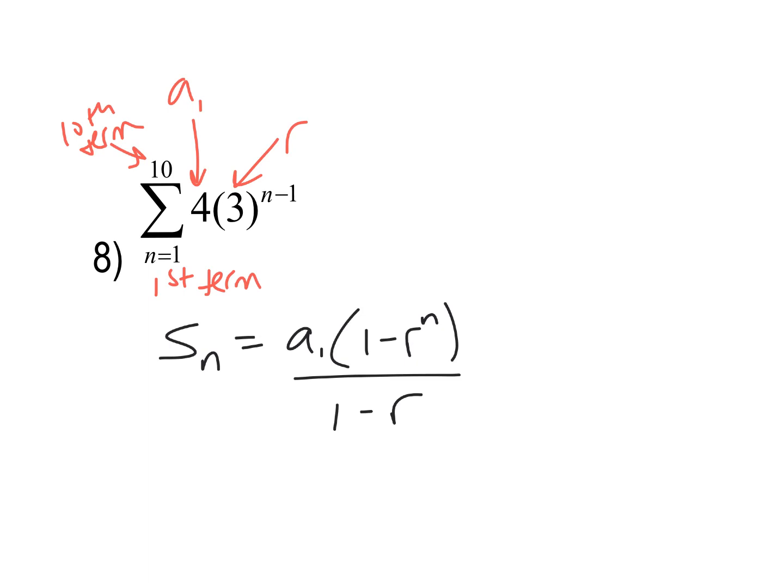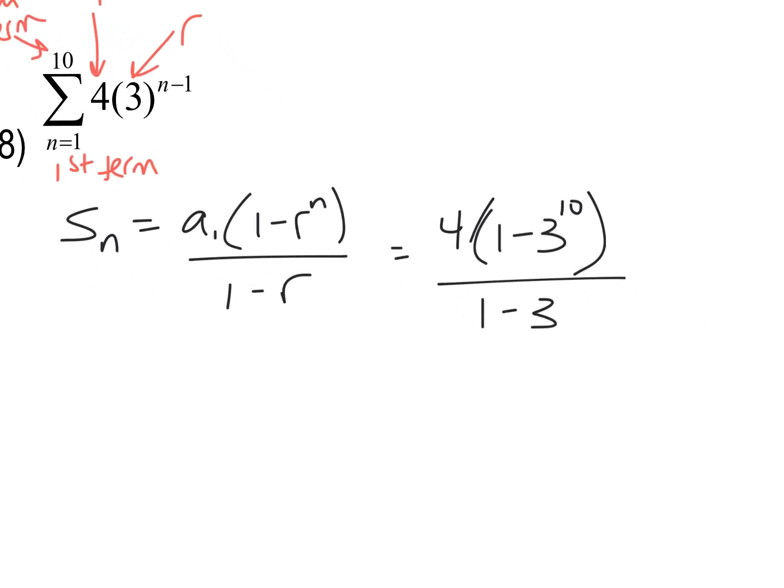So this gave us a lot of information. So the first term is 4, so I'm going to plug in 4 for a1. I have 1 minus, the ratio is 3, to the n is 10, because that's my stopping point. I'm going from the first term all the way to the 10th term, so the 10th term is going to be my n. I'm going to divide by 1 minus r, which is 3.